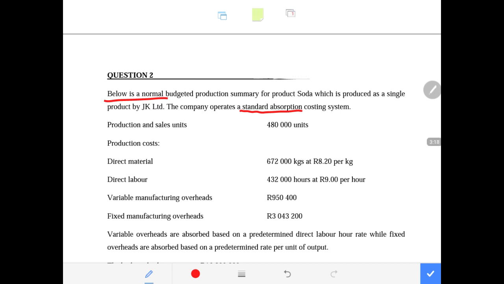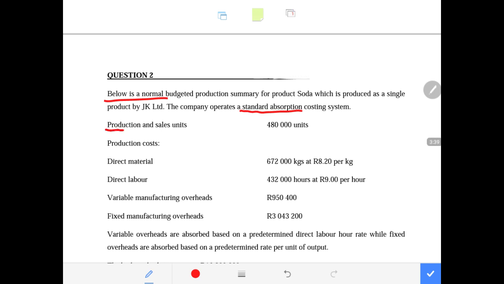Now in the case of the marginal, I've not done a question on that, except some of the questions I did, in fact some questions where there is absorption, where there is marginal costing. In the absorption costing, we say sales minus cost of sales. In the marginal, we say sales minus variable manufacturing cost.